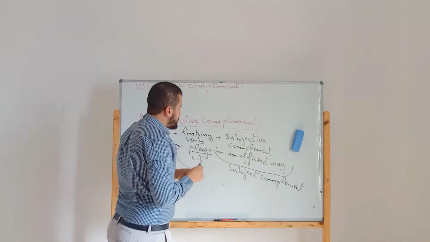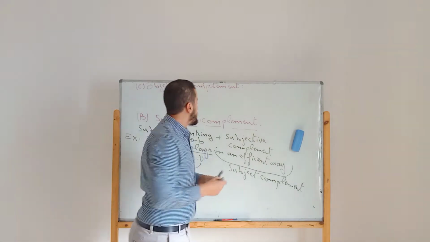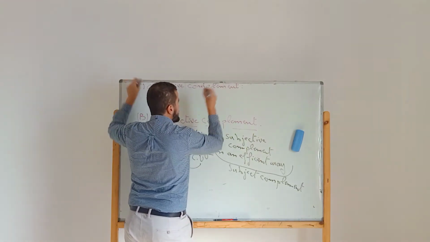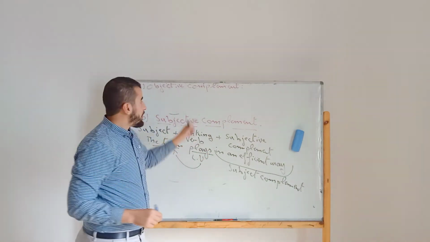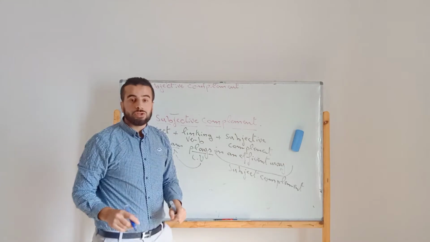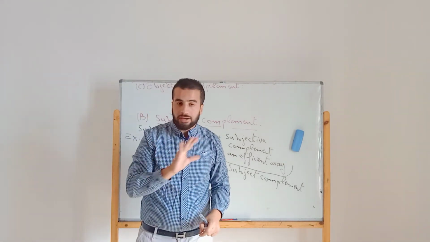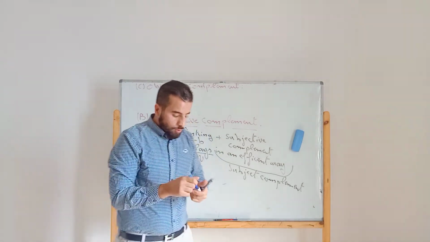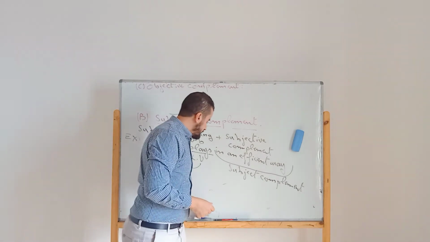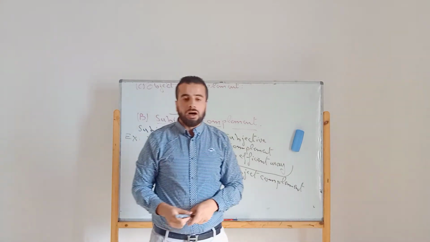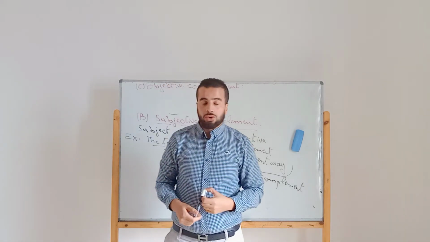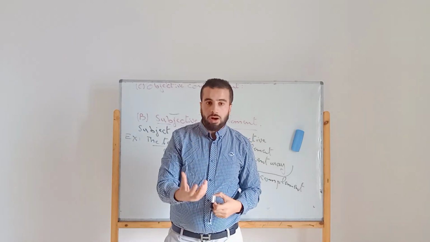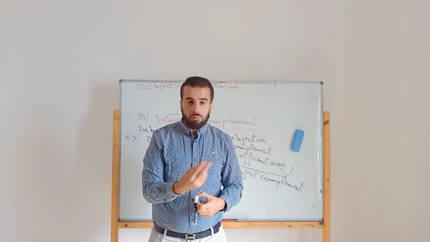What is the meaning of objective complement? Objective complement is simply related to the object. Here related to the subject, but in this part related to the object. Object only. So we don't have to imply the direct and indirect object, both of them. We are not required to use them both.